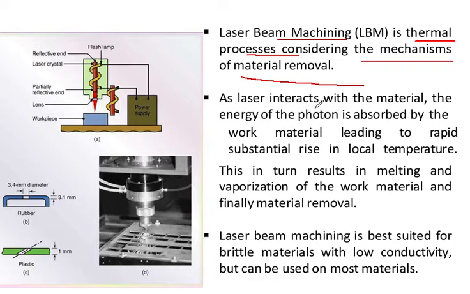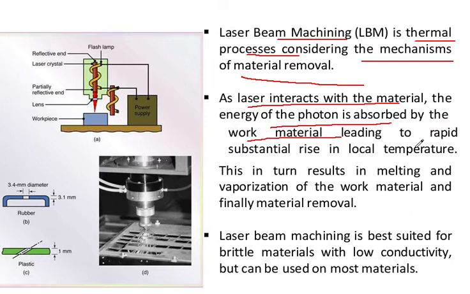As I've already told you, the laser interacts with the material, isn't it? Otherwise, how will the material be removed? So first, the laser interacts with the material and the energy of the photon is absorbed by the work material.